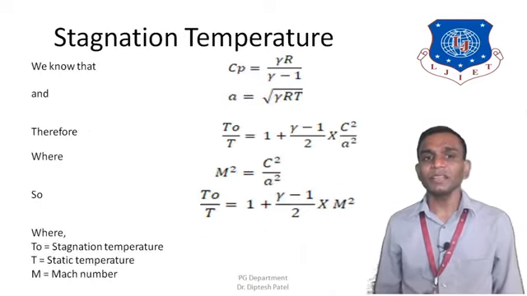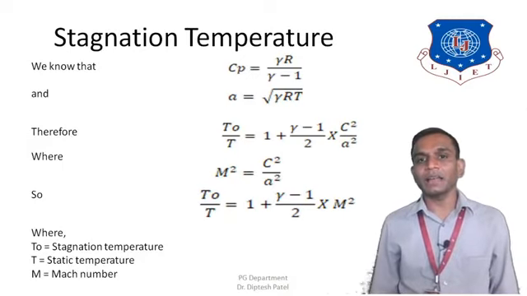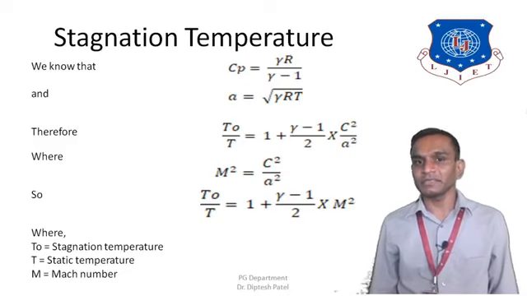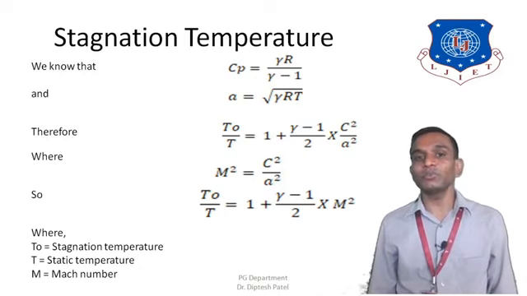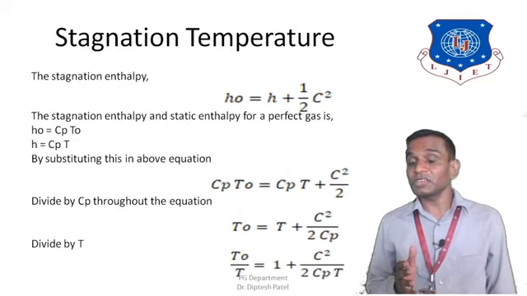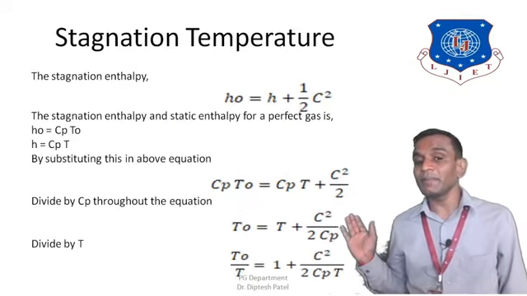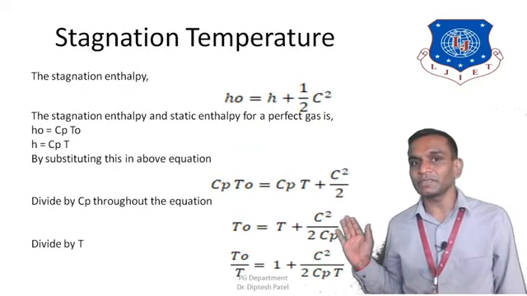Now, we know that Cp is equal to gamma R divided by gamma minus 1, and also a, which is considered as the sound velocity, is equal to the square root of gamma RT.